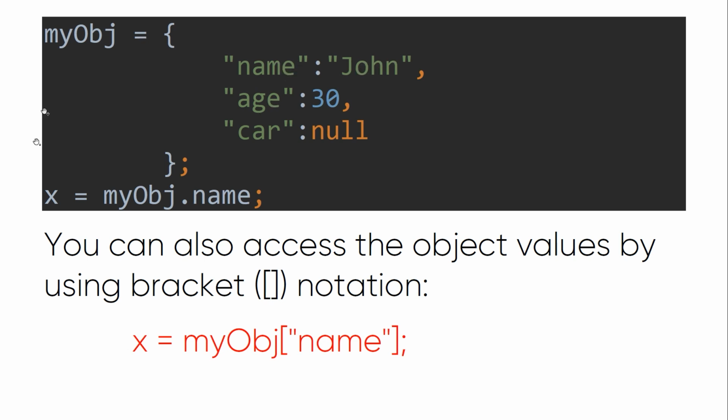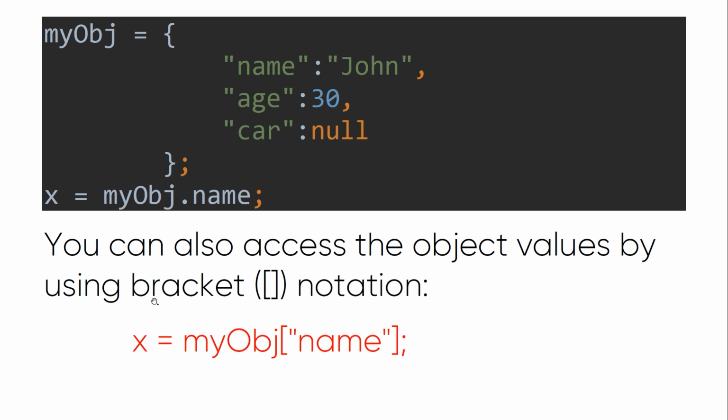So you can access a JSON object by putting the JSON object and the key, and the value would be presented and accessed.